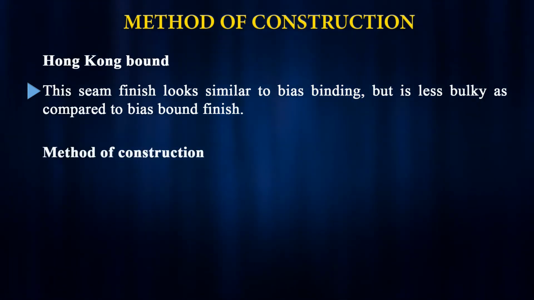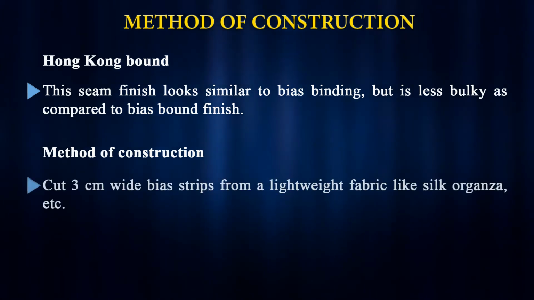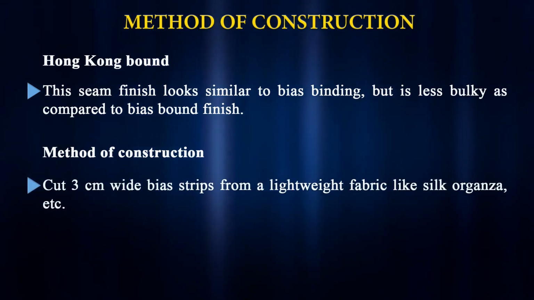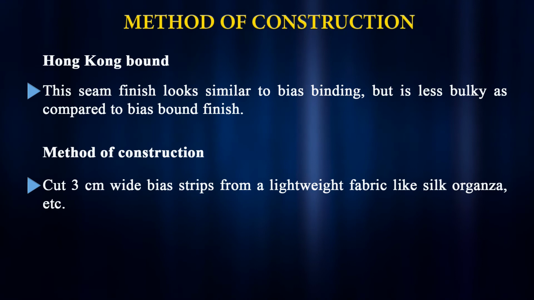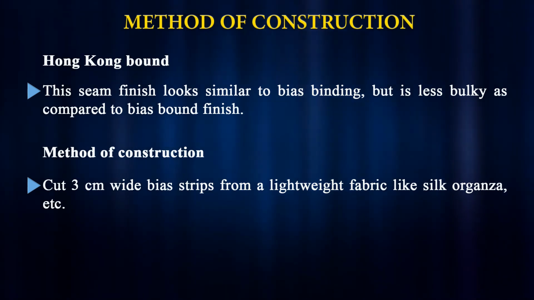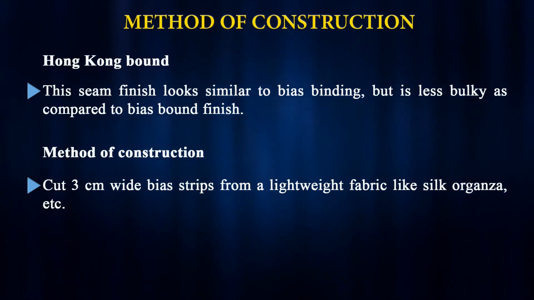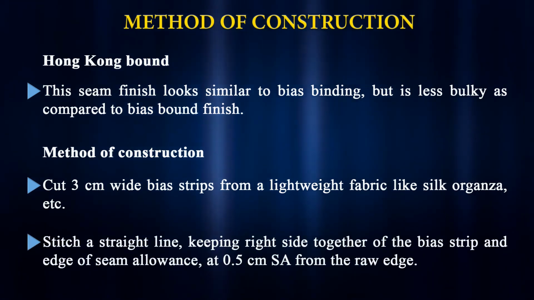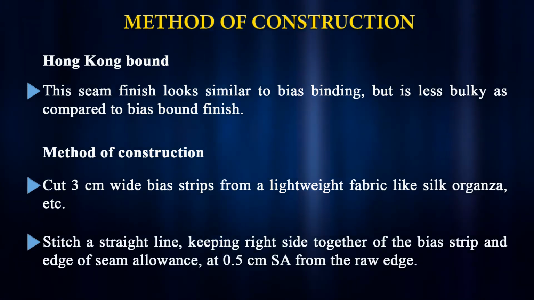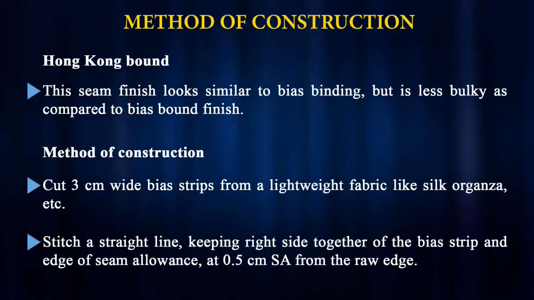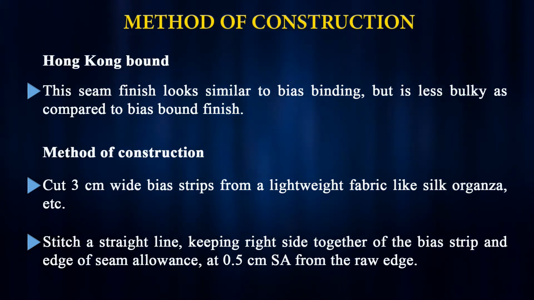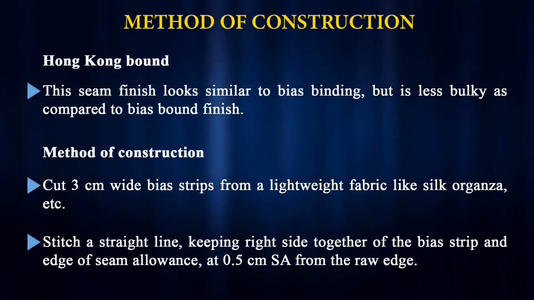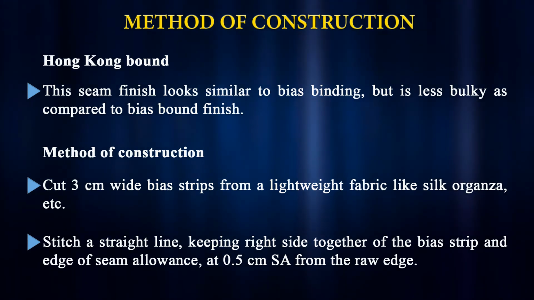For the method of construction, we cut a 3 centimeter wide bias strip. For a lightweight fabric like silk or organza, we cut a bias strip of 3 centimeter and stitch a straight line, keeping the right sides together of the bias strip and the edge of the seam allowance, with 0.5 centimeter allowance from the raw edges.